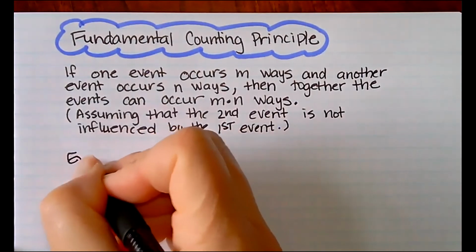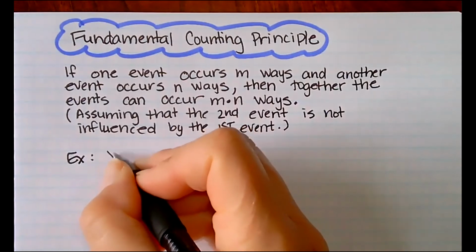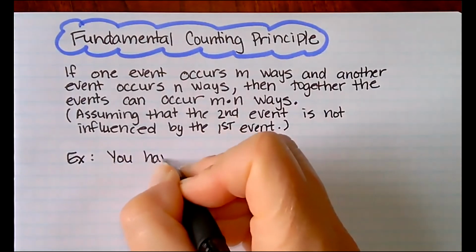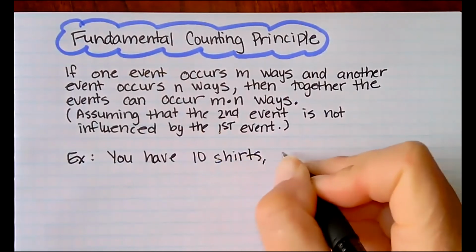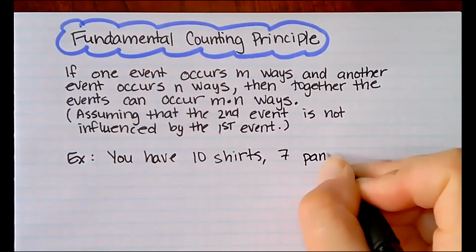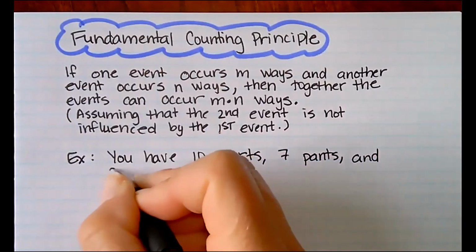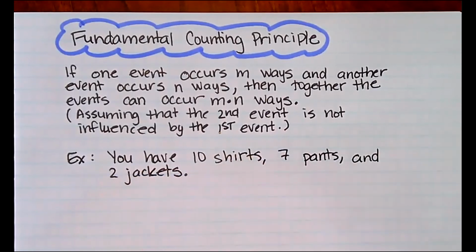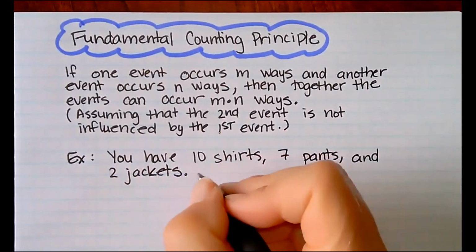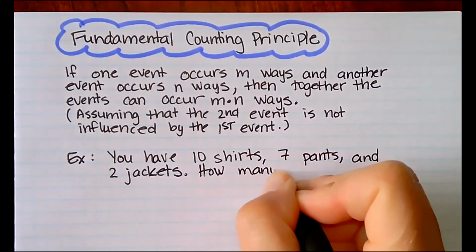So our first example, let's say you have 10 shirts, seven pants, and 2 jackets. And you want to figure out how many different outfits you can make.